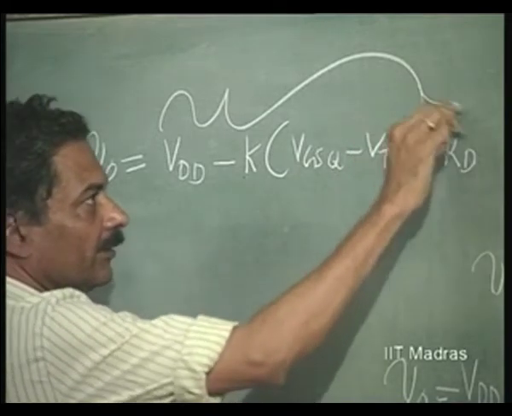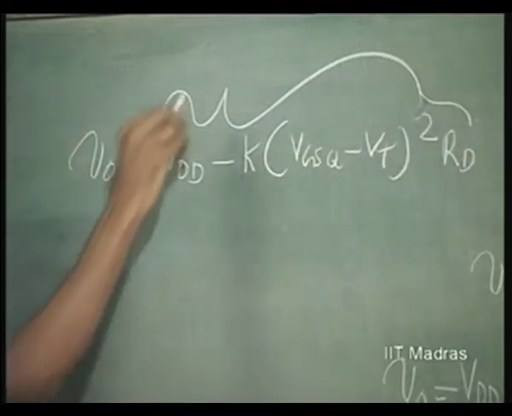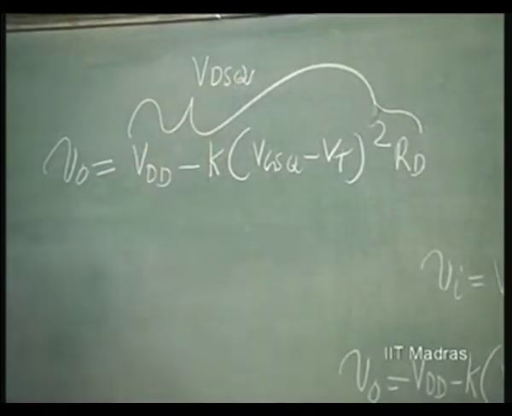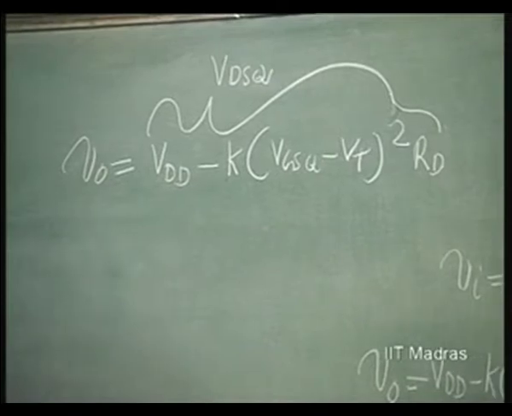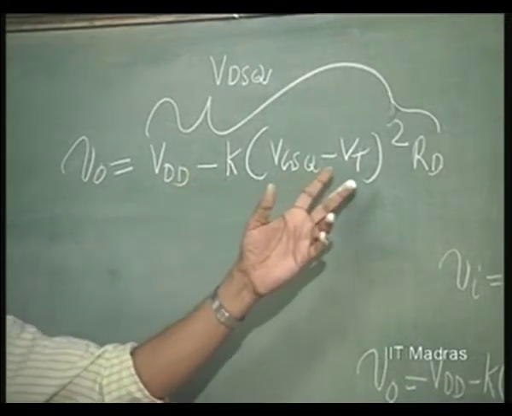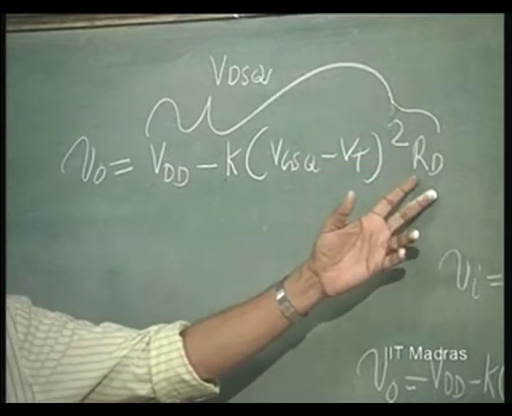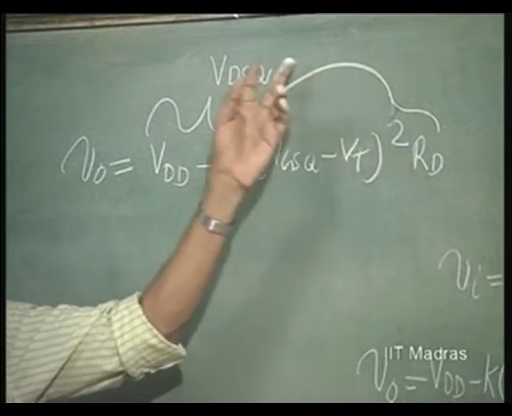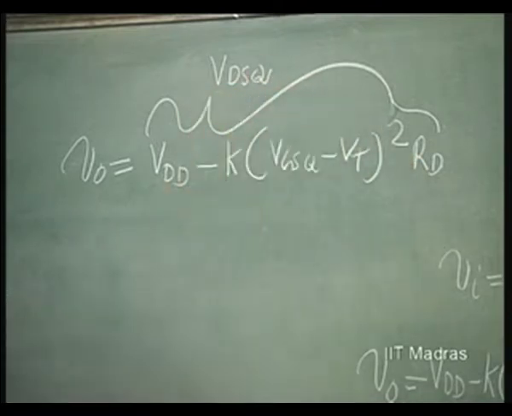So, strictly speaking, this whole thing is nothing but what is called VDSQ, quiescent operating point of the FET. VDD minus k times VGSQ minus Vt whole squared into Rd is nothing but IDSQ into Rd, which is VDSQ, DC voltage.